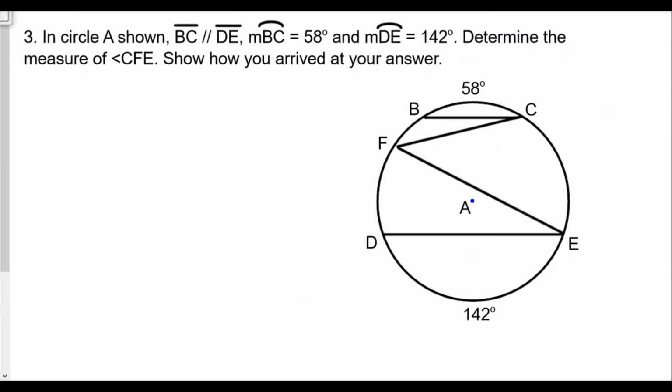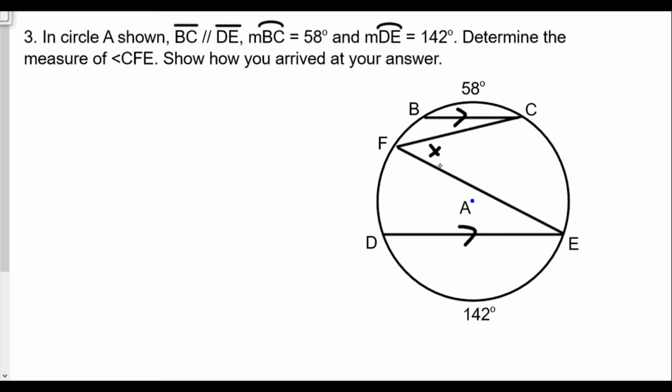In circle A, shown below, we see in this case BC is parallel to DE, with a little parallel symbol here. And in this case, the measure of arc BC is 58 and the measure of arc DE is 142. Determine the measure of angle CFE. We'll call that x here. Well, a couple of things.